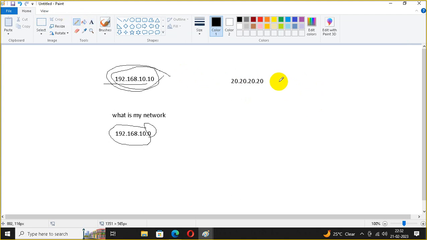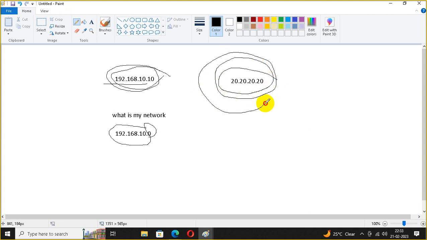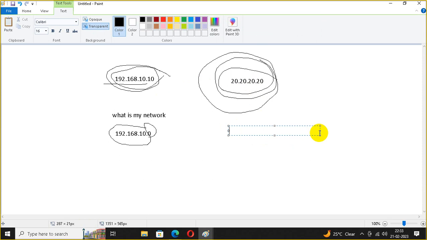First of all, tell which class this IP address belongs to. Class A. In class A, how much is the network part? One network, 3 hosts. Then if it is one network, then 20.0.0.0. Very good.